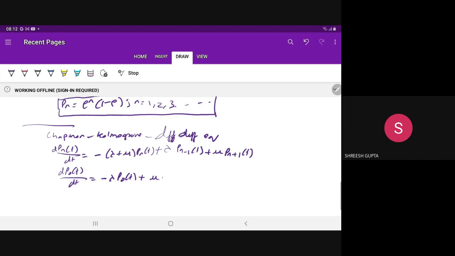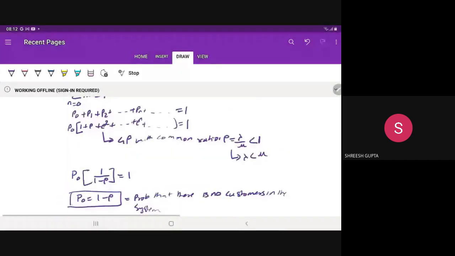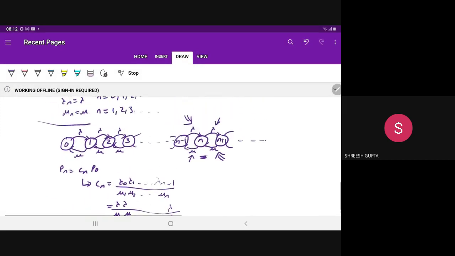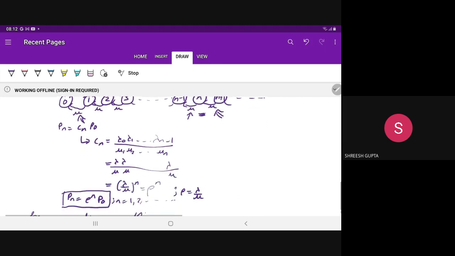You can notice for the zero node, this is the outgoing and this is the incoming. So outgoing with the negative sign and incoming with the positive sign.